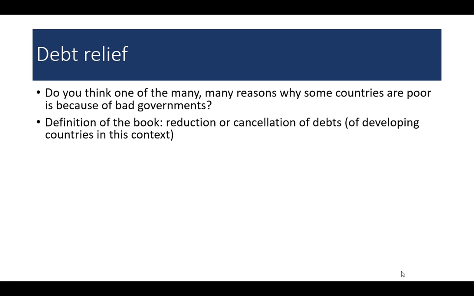But think for a moment. If a country has a lot of debt, what will this mean? What will this mean in terms of what the government can do for its citizens? What will be the consequences of this? Think about this for a minute.